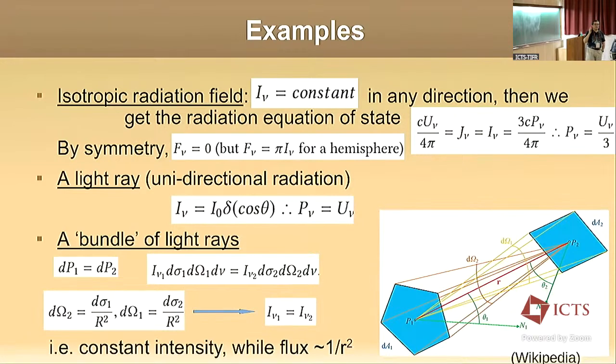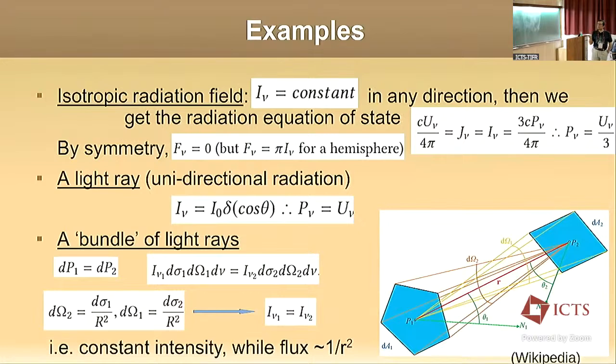So if you are just a ray, here your photon traveling with that ray, intensity stays constant, never changes, as long as you don't have any absorption or scattering or something else happening along the way. So you have constant intensity.